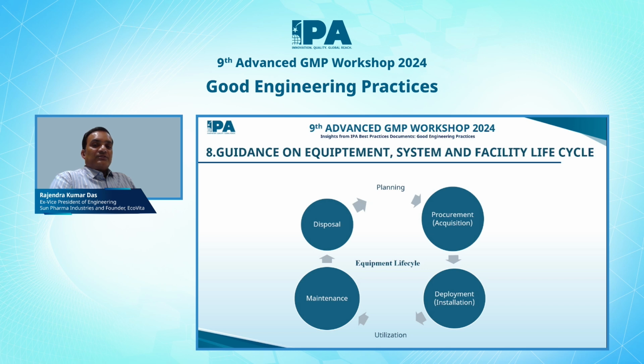So this chapter again will be very helpful for aged facilities as well as new facilities to implement this system, so that it will take care of the quality aspect of equipment and facility in the long run. Next.